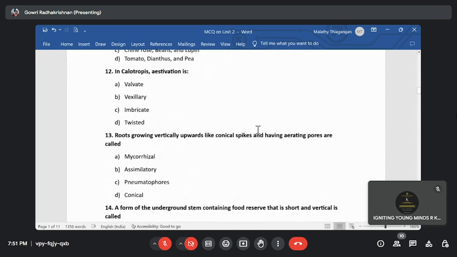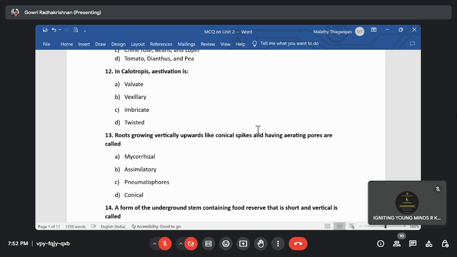The next one, in Calotropis, aestivation is? Option A, ma'am. Why did you say option A? What is valvate aestivation? In valvate aestivation, do the petals or sepals overlap each other?